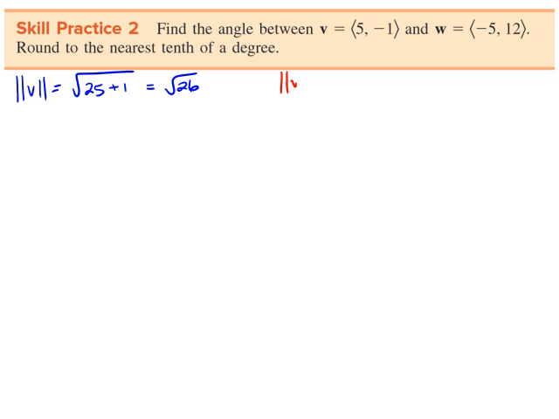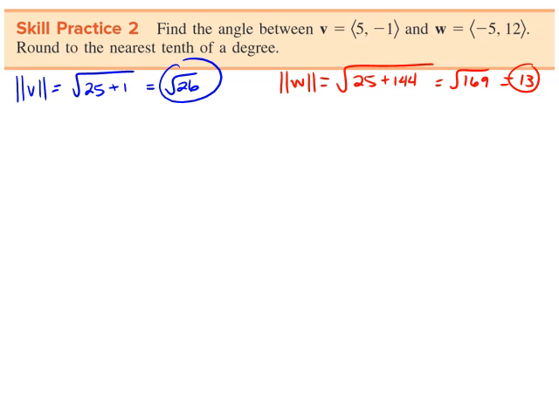And then the magnitude of w is -5 squared plus 12 squared. This is the square root of 169, or 13. Okay, so we have the magnitudes. Now we need to find the dot products, and that will give us cosine of theta. So here's the formula, just in case you wanted to see it.